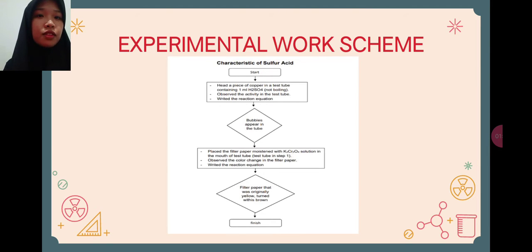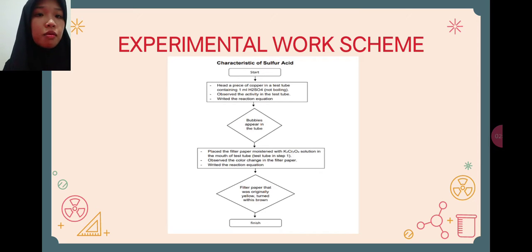Next, characteristic of sulfuric acid. Heat a piece of copper in the test tube containing 1 milliliter sulfuric acid, not boiling. Observed the activity in the test tube, and then write the reaction equation.